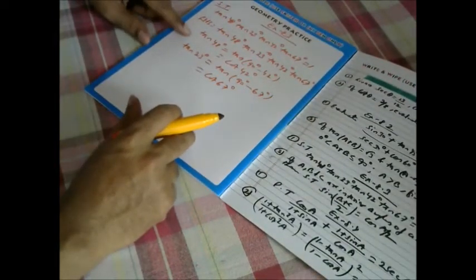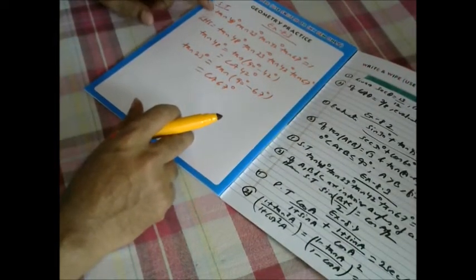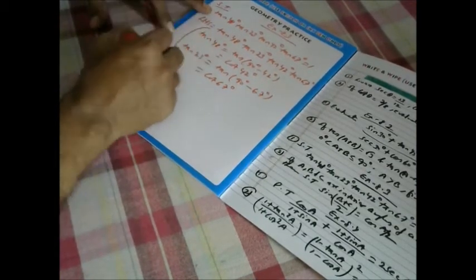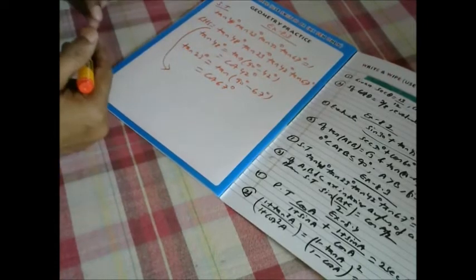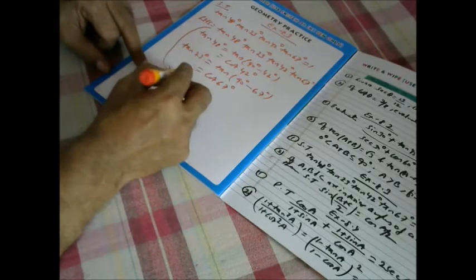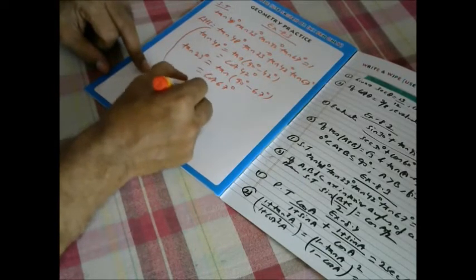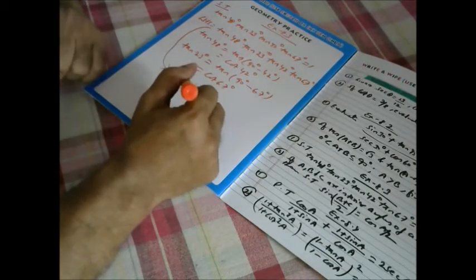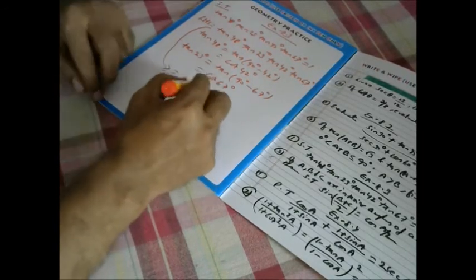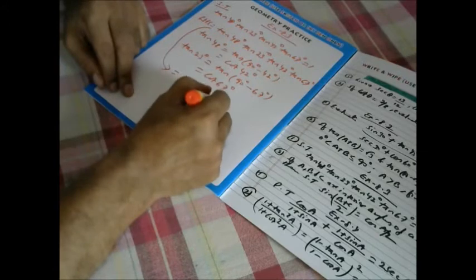Now we will substitute: tan 48 we will substitute cot 42 degree, and tan 23 degree we will write cot 67 degree.